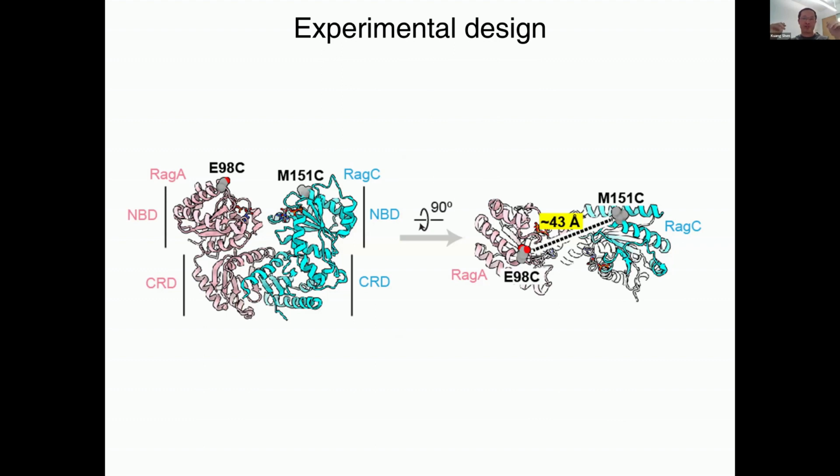The distance between the alpha carbons is around 43 angstrom, which is the sensitive region for the Cy3-Cy5 dye pair. So if there's any conformational distance change between these two nucleotide binding domains, we should be able to track it.